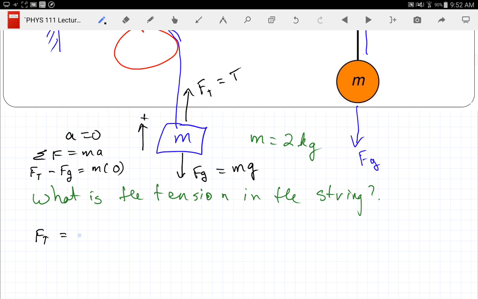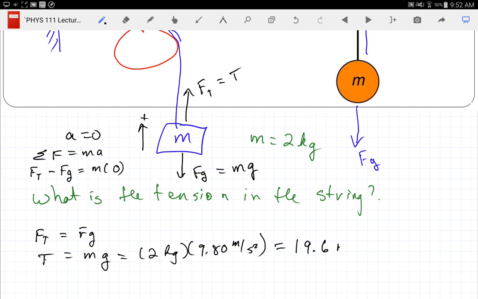Force of tension is equal to the force of gravity, substituting that tension is T and force of gravity is mg. Remember, g is always going to be 9.80 meters per second squared unless the problem tells you to use something differently. So the tension is 19.6 newtons.